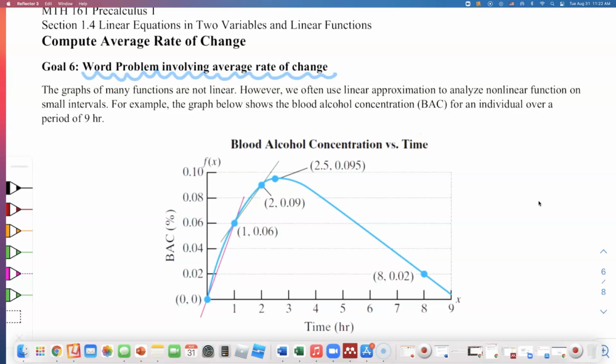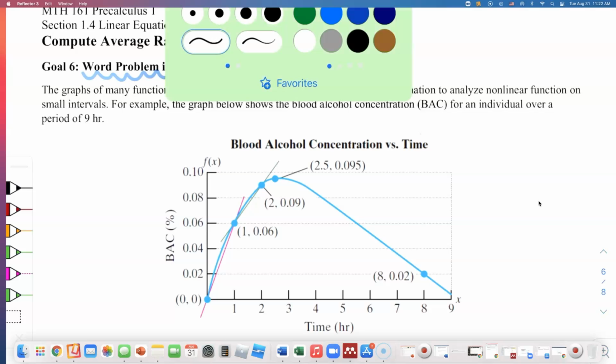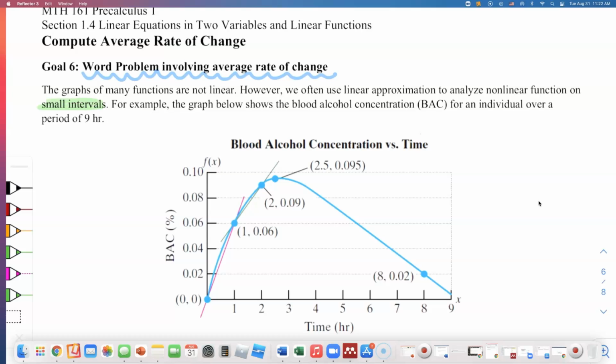But in a small interval, I'm going to go ahead and read this. However, we often use linear approximation to analyze nonlinear functions in a small interval. So pick 2 points that are pretty close.